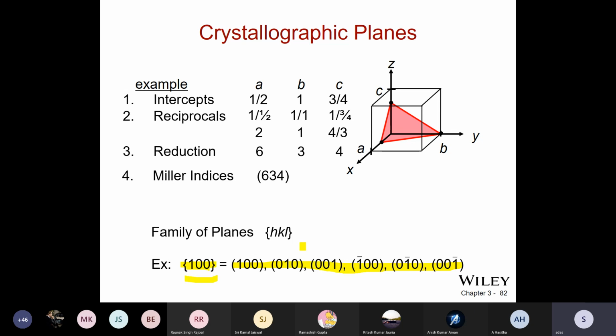If I write (010), for a tetragonal system, that means this plane is there, this is there.